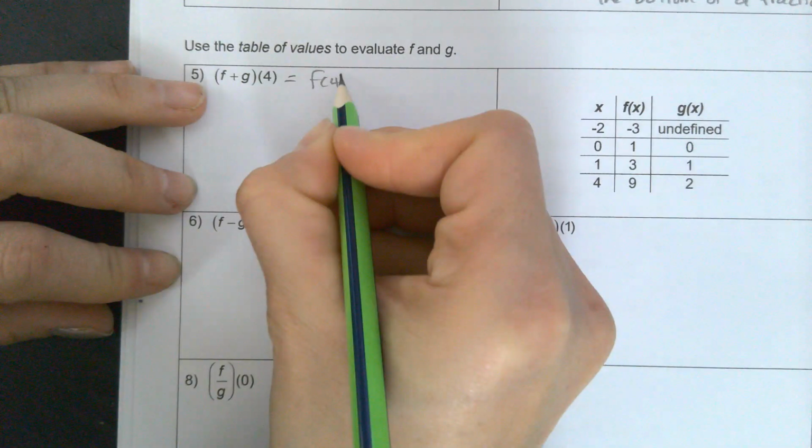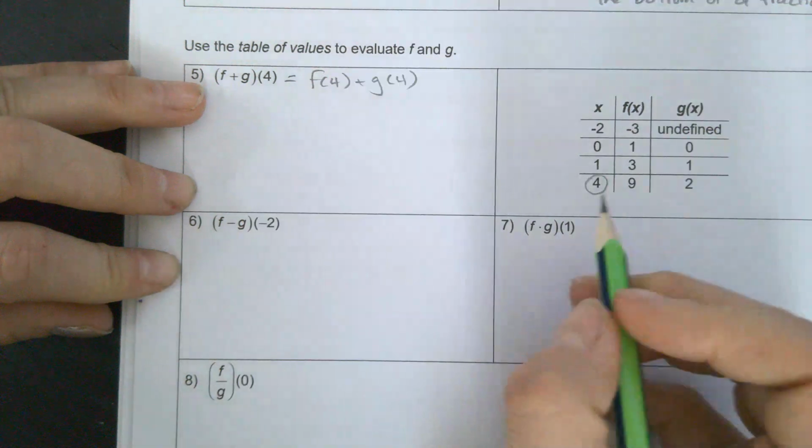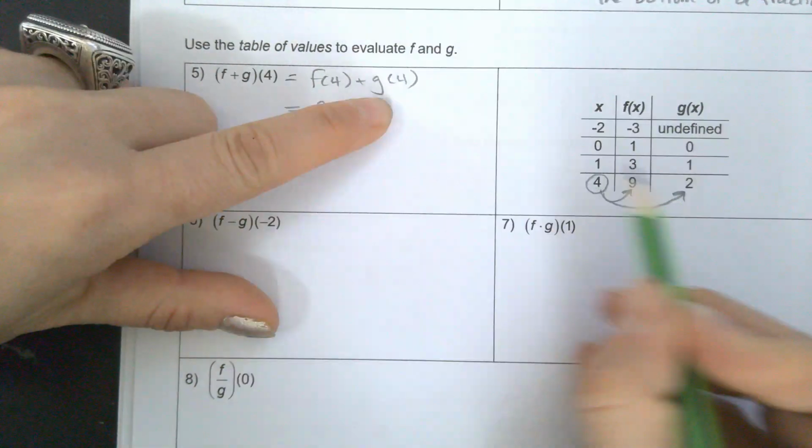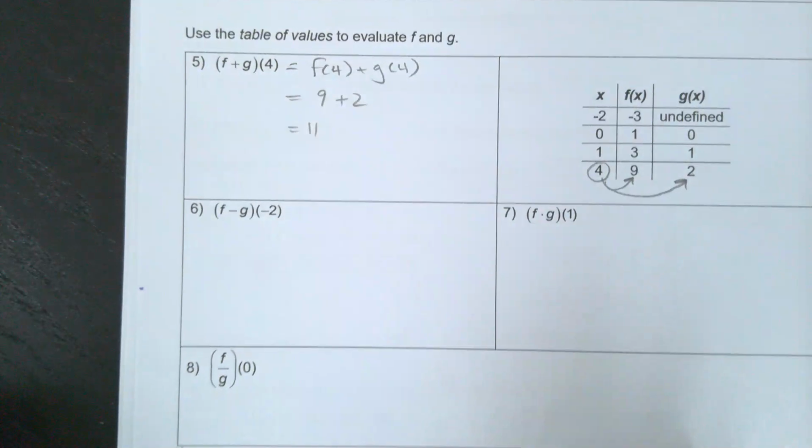So it says add them. f of 4 plus g of 4. So we're saying if x is 4, what is f of x? Well, it's 9. If x is 4, what's g? Okay, it's 2. All right.